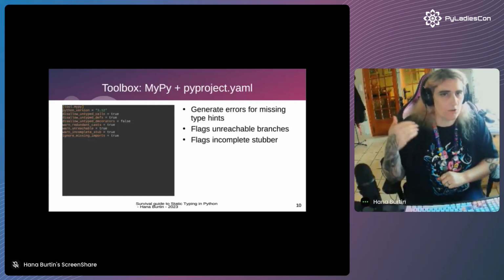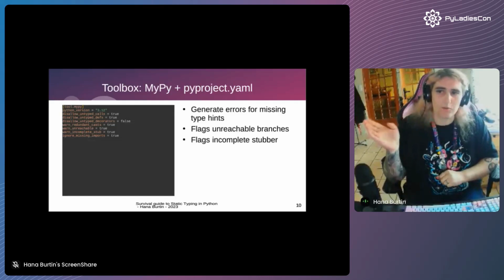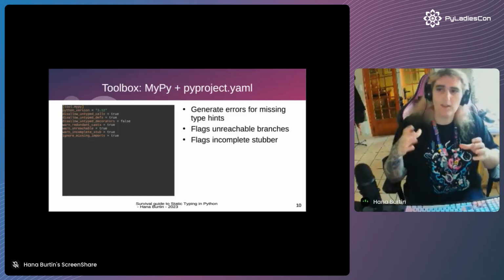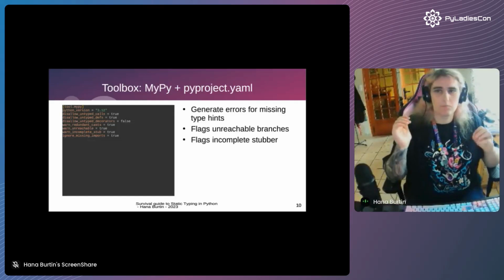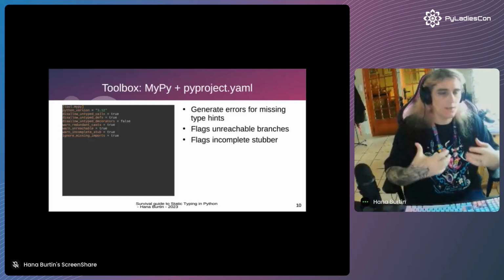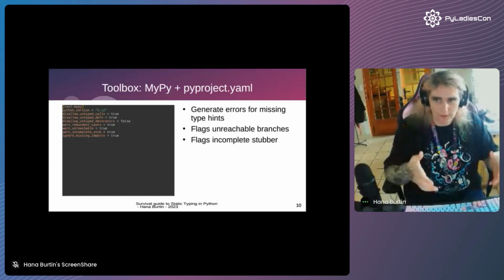If you are creating a project that uses a pyproject.toml, you can use a very small tool.mypy part of your configuration that will configure MyPy to alert you if you have anything that is not typed, that will help you type everything all the time.